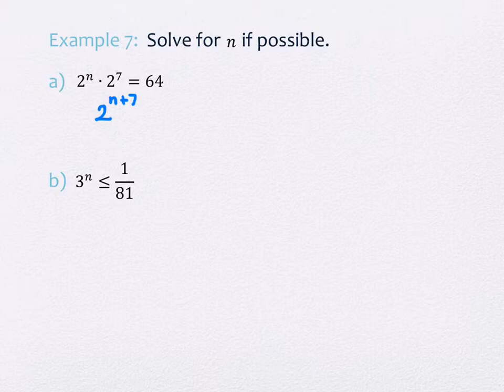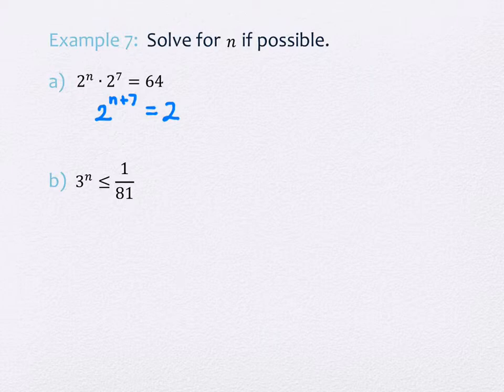Now, my goal is to turn the right-hand side also into 2 to some power so that I can compare them. If I have 2 to a power on the left and 2 to a power on the right, then I can talk about the powers as though the 2's don't matter because they already match. So grab your calculator out, and I want you to just play with it for a second. Start with a 2.